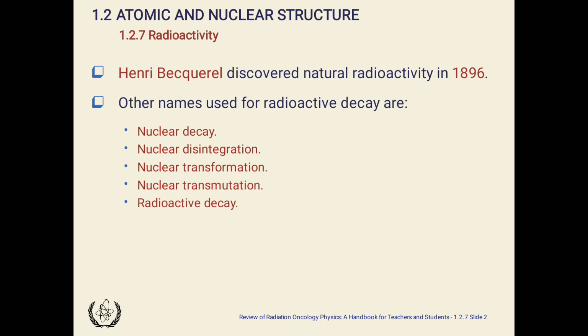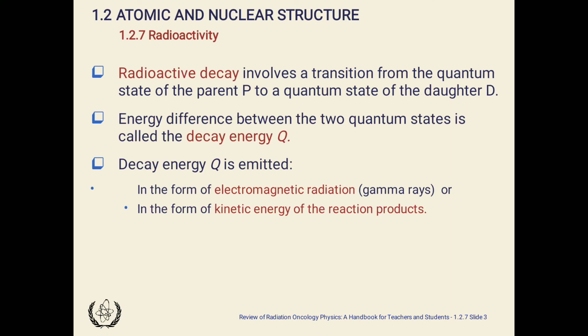Henri Becquerel, also known as the father of radioactivity, discovered natural radioactivity in 1896. Other names also used for radioactive decay are nuclear decay, nuclear disintegration, nuclear transformation, and nuclear transmutation.